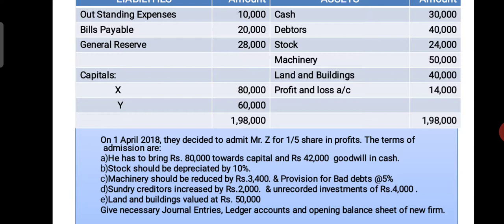And machinery should be reduced by 3,400. From the book value, we deduct 3,400 rupees and the remaining balance we show in the balance sheet. And the reduced amount can be shown in the revaluation account debit side. And provide a provision for bad debts at the rate of 5%. Here we need to calculate the provision for bad debts on debtors at the rate of 5%.